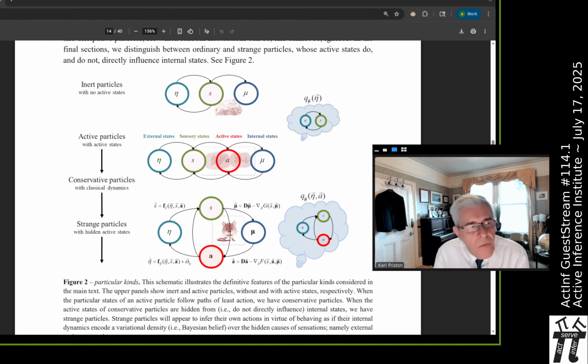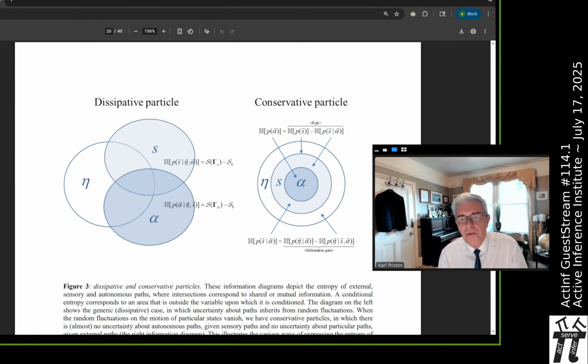That's quite remarkable, because what that basically means is that if you have an inner screen, you effectively are inferring what you're doing. You have Bayesian beliefs about your own behavior. You're not directly aware of, in the sense that there's a dynamical coupling between your active states, say, for example, the primary afferents going to your spinal cord. So the spinal cord knows exactly the consequences of its action, but the central nervous system, or parts of it behind the inner screen, do not.